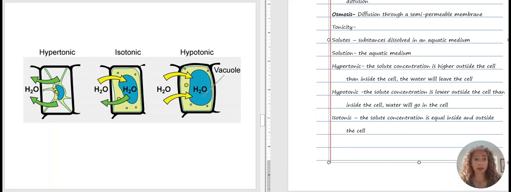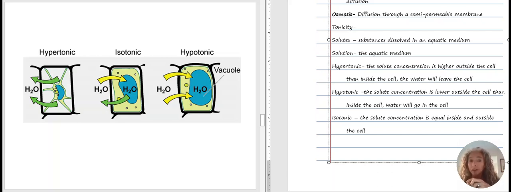Again, hypertonic cells are going to lose water and shrivel up. This is a plant cell here. Remember, we talked about that central vacuole in plant cells, and that is what is giving up its water in the hypertonic cell. The cell wall is going to help maintain rigidity within that cell, but that inner part is going to lose water and shrink.